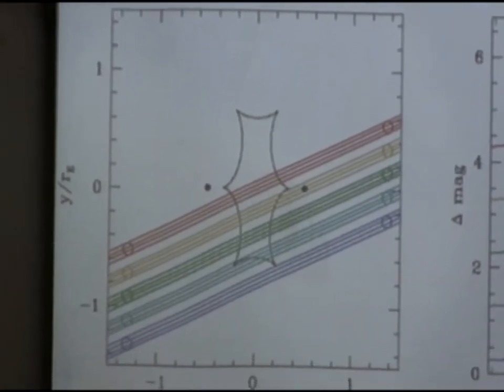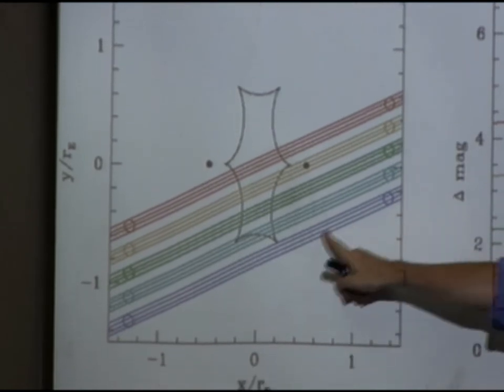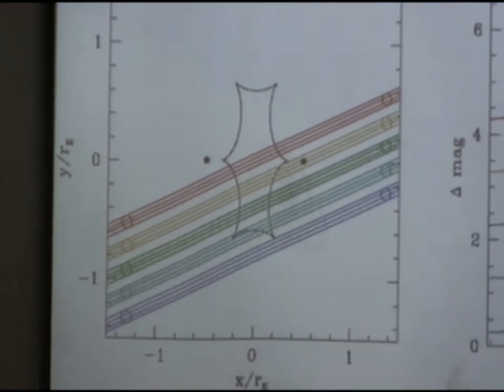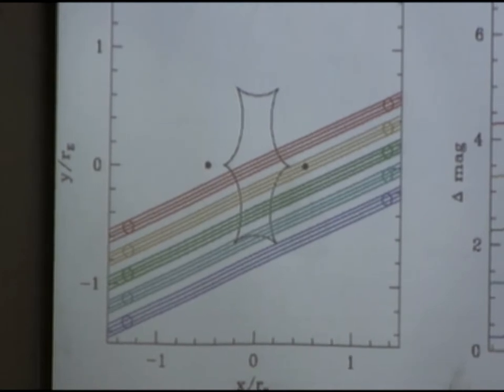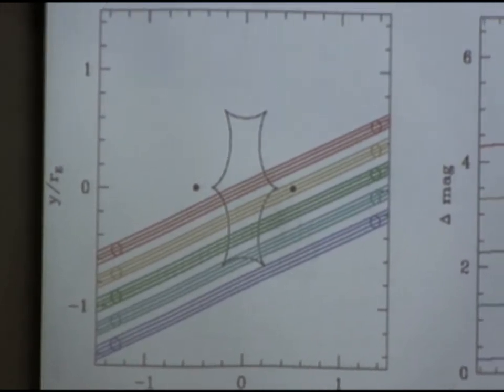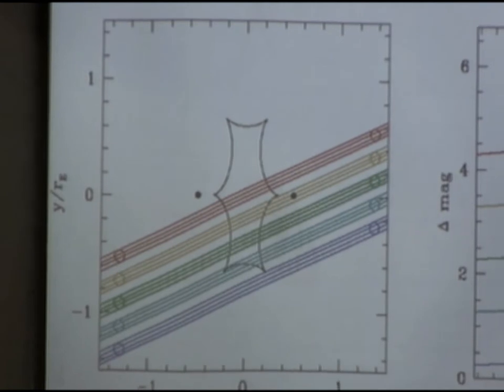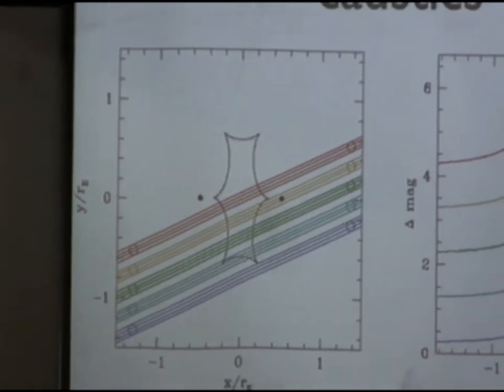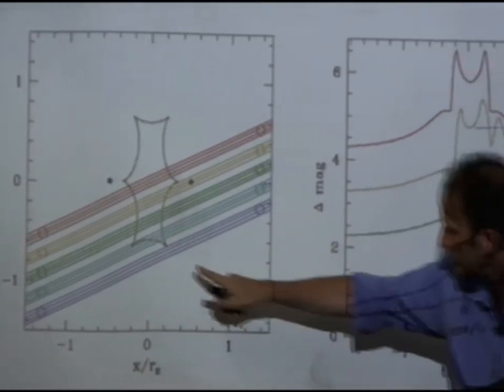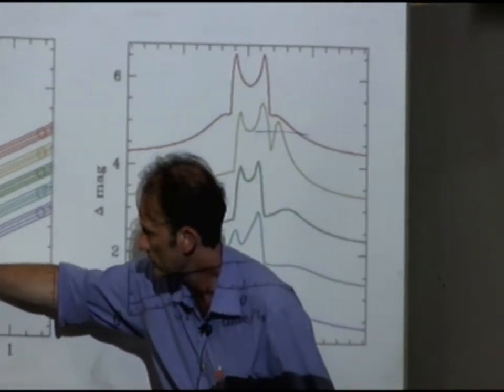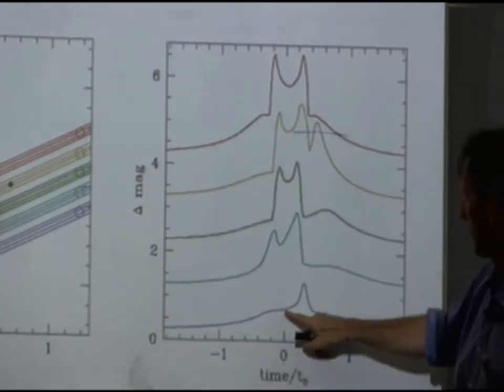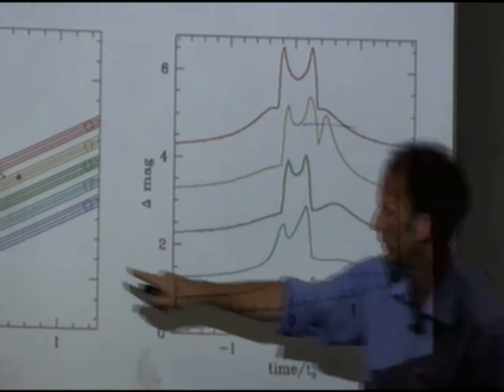Let's start with the blue one. The blue one never quite goes through the caustic, so it never spontaneously creates new images, so there should be no discontinuity. It's a smooth change, and that's what you see here. You get this kind of double bump structure. This bump here is when you're near this caustic peak here, and this sharper bump here is when you're close to this part here.